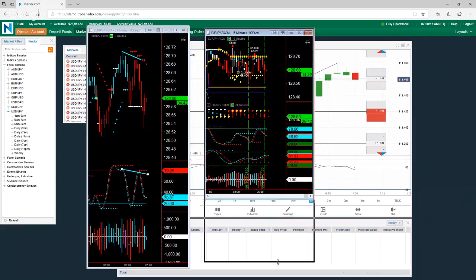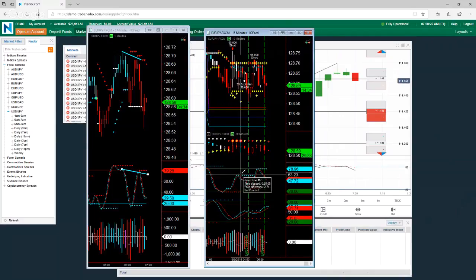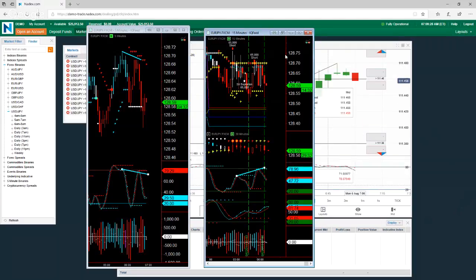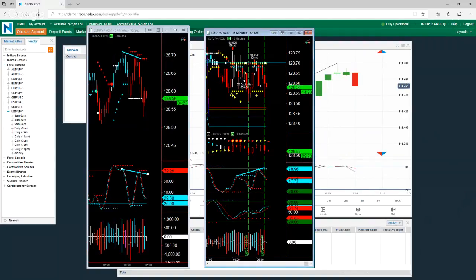And in this case, the 15-minute, as this went back to test, you can see there was hidden divergence. So price is making lower highs. Well, get my drawing tools on here. Price is making lower highs. Stochastic's making higher highs on this one.